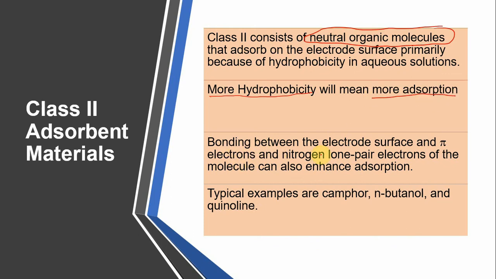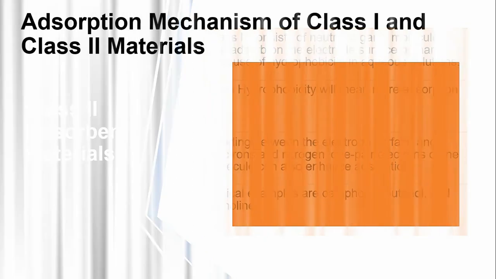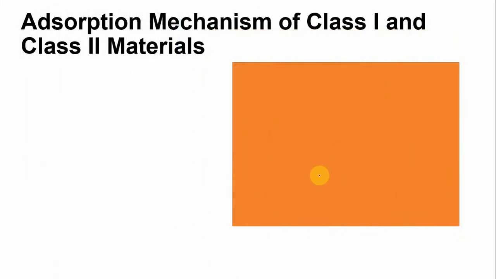Bonding between the electrode surface and pi electrons and nitrogen lone pair electrons of the molecule can enhance adsorption. And again, it is related to hydrophobicity. Their typical examples are camphor, butanol and quinoline. So these are class 2 materials and they are very common.